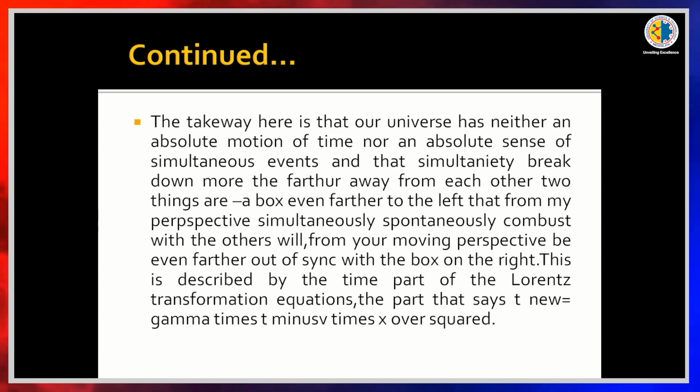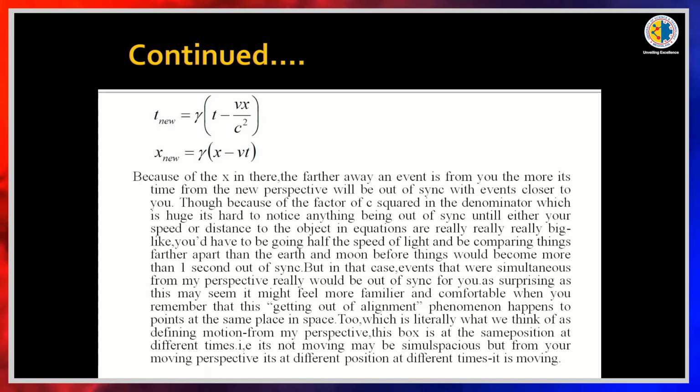The equation says t' is equal to gamma times (t minus vx/c²), and x' is equal to gamma times (x minus vt). So, it is observed by the new frame of reference.